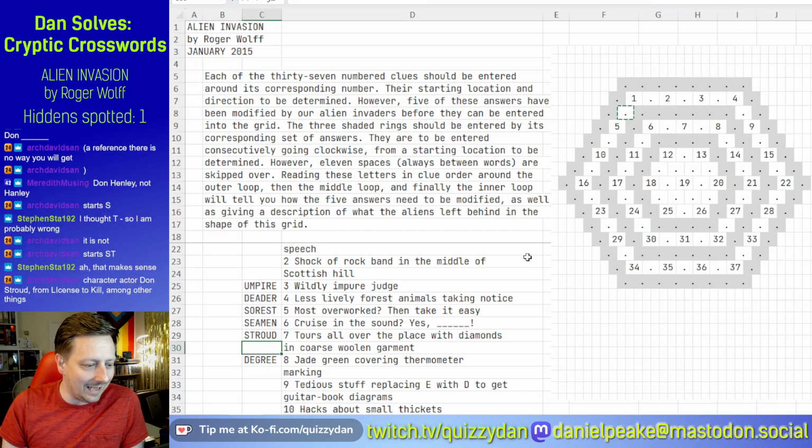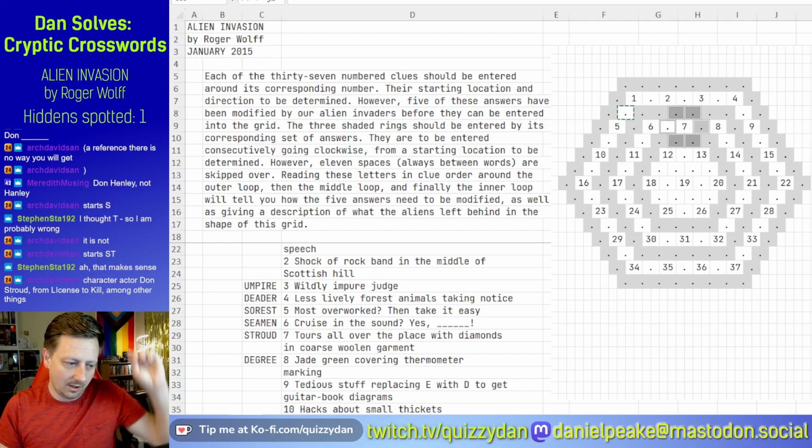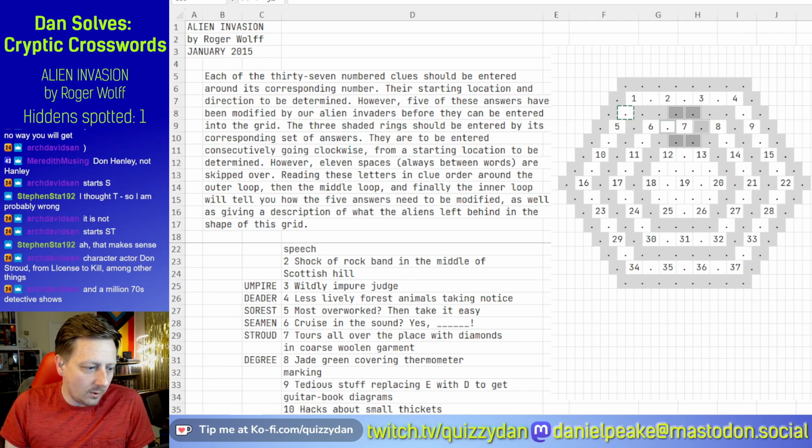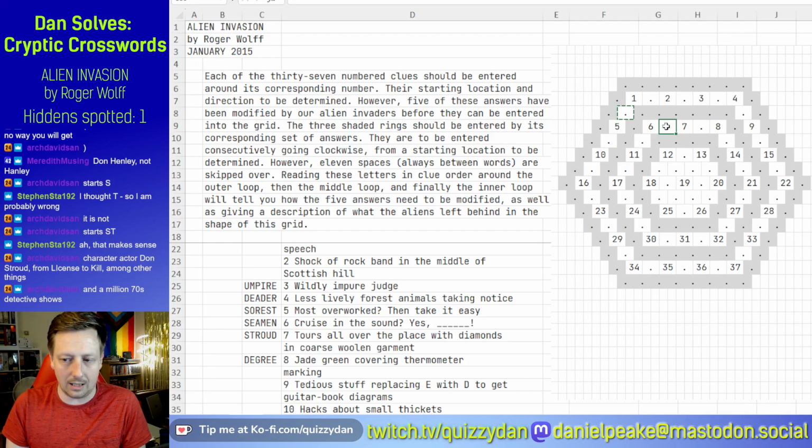Can we put any of these in yet? So if this is 7, it'd be great if we put 7 in first. The only thing that it matches with 8 is the D and the R. But if it was the D here, it would force the R here, and there's no R in seamen, so it can't be that.